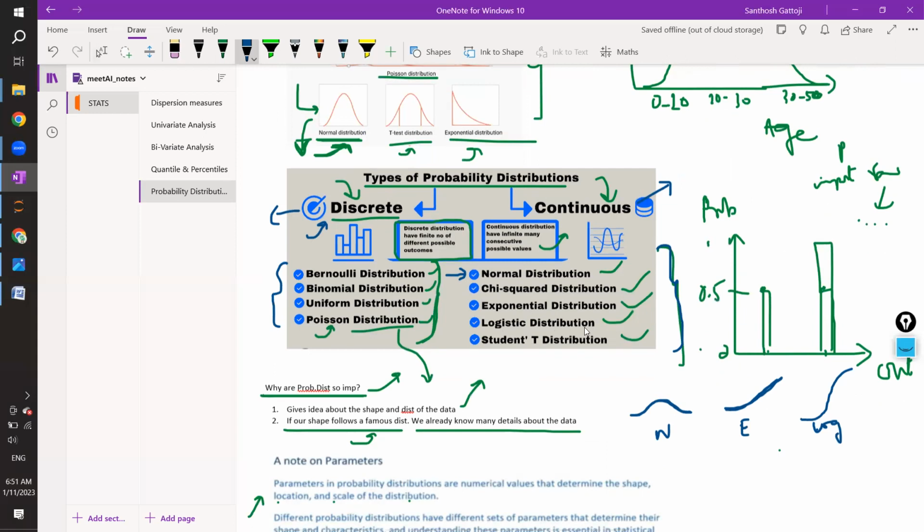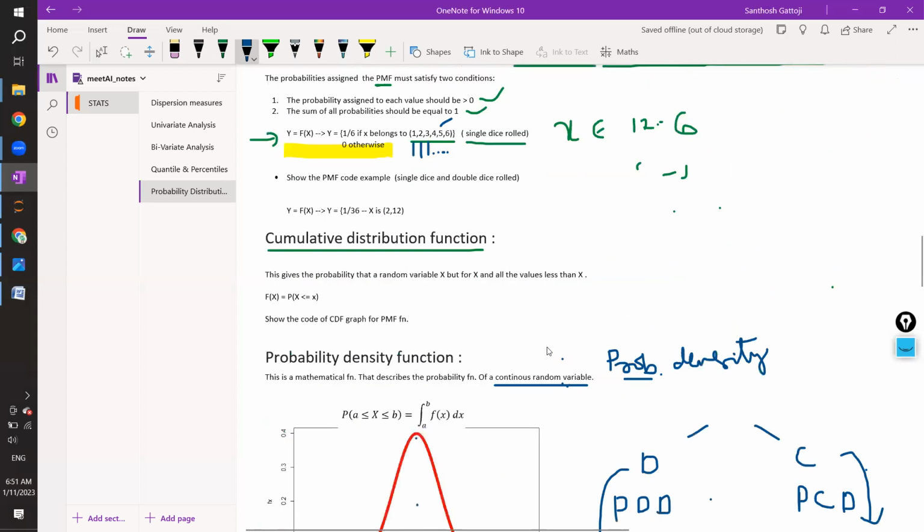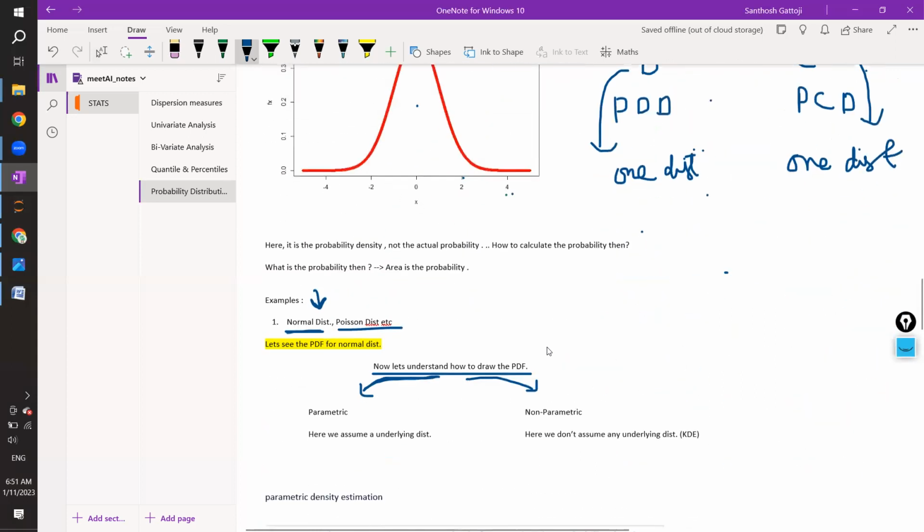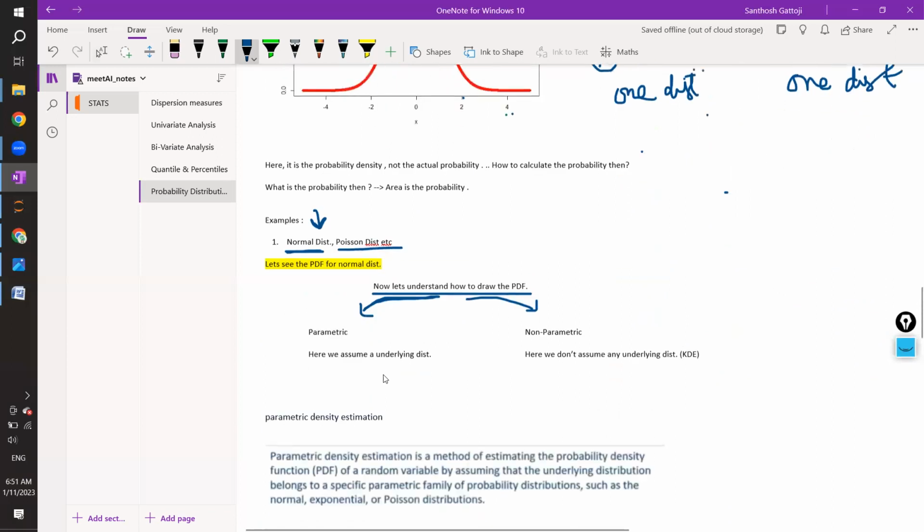But if you don't know, there are two ways to draw the PDF: one is parametric, the other is non-parametric. Let's see parametric.